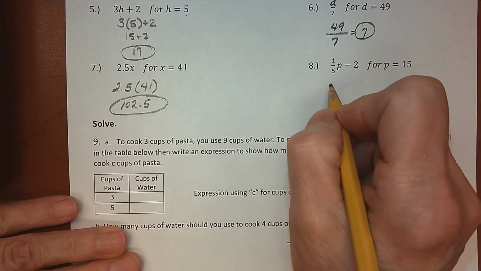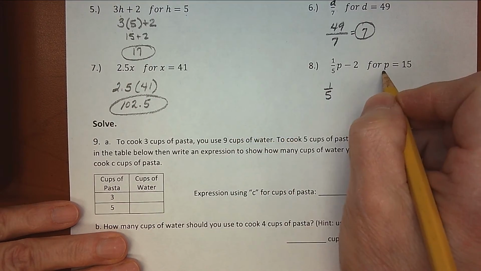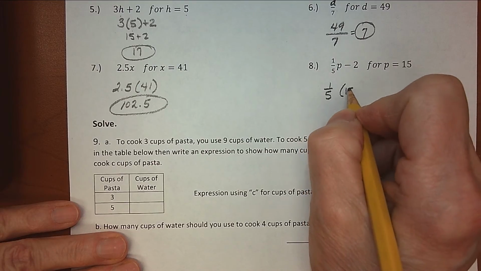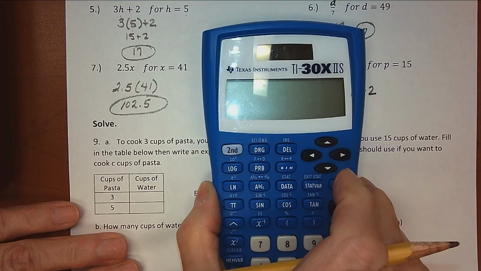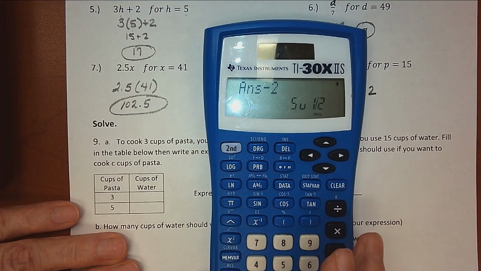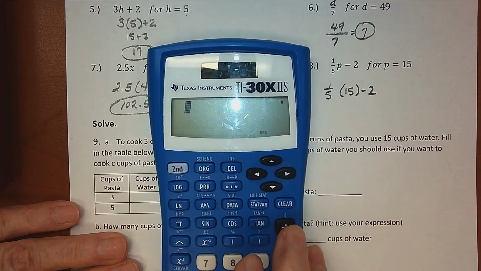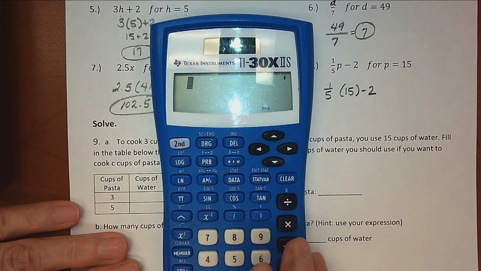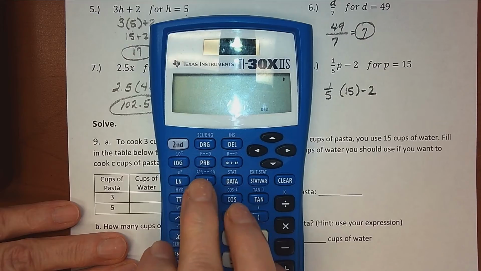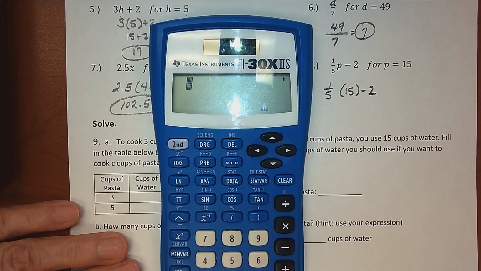My last one is 1/5 times p, where p is 15, then minus 2. So just a reminder about how to use your calculator for fractions. I'm going to turn mine on. I'm going to clear it out. But I want to do 1/5 times 15 and then subtract 2. So this is my fraction button right here. Most of you will have one that looks something like that.